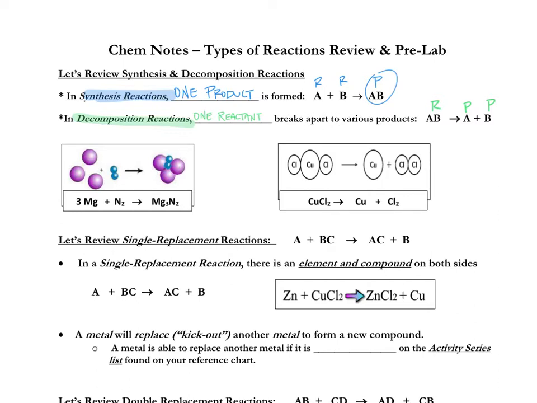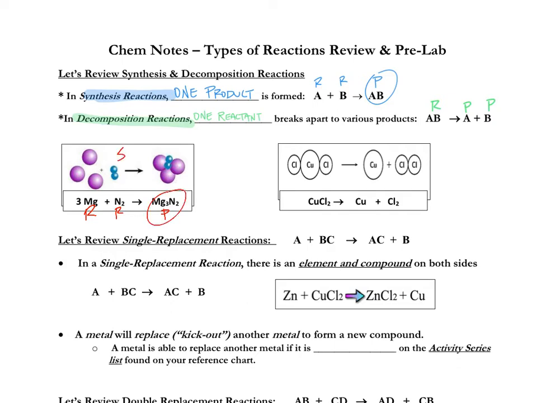Here's a look at a type of reaction where I've got magnesium and nitrogen gas yielding, or producing, magnesium nitride. So I've got reactants forming one product.